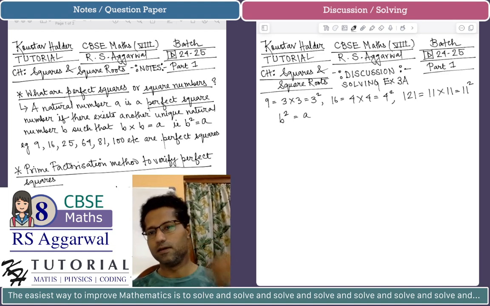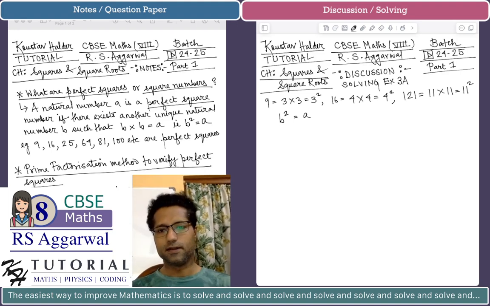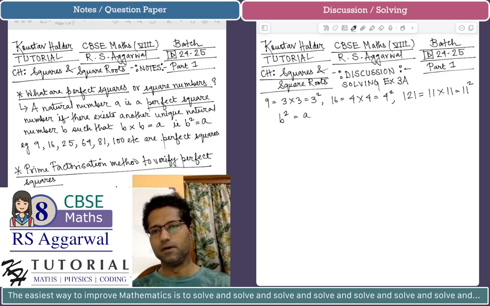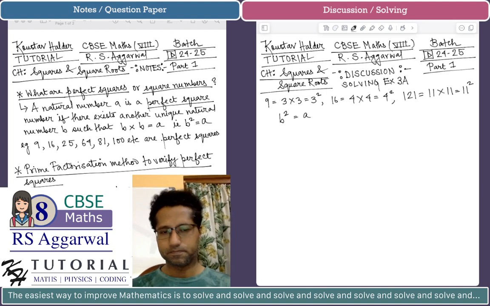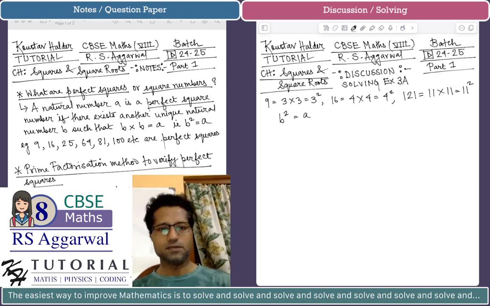Given A, the B will be unique. It is not the case that for a given number there exist multiple values of B whose square will give A. No, B will be unique. So that is a perfect square or square number.